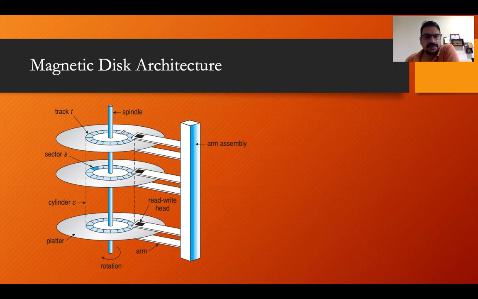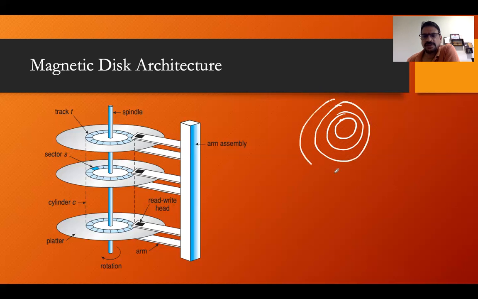Then, if you can see, there are sectors. The smallest unit of storage in the magnetic disk is called a sector, and there is a track. If we take one surface of the platter, this surface is divided into a number of tracks, and each track is divided into a number of sectors. The sector size will be the same.